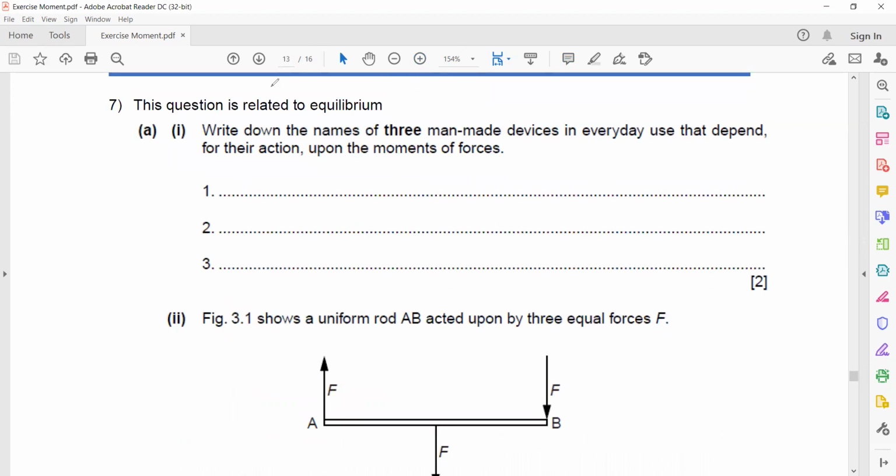Okay, this question can have any answer, because this question is related to equilibrium. Write down the name of 3 man-made devices in everyday use that depend on the action of moment of force. Like, can you name some man-made devices which use the turning effect of the force?